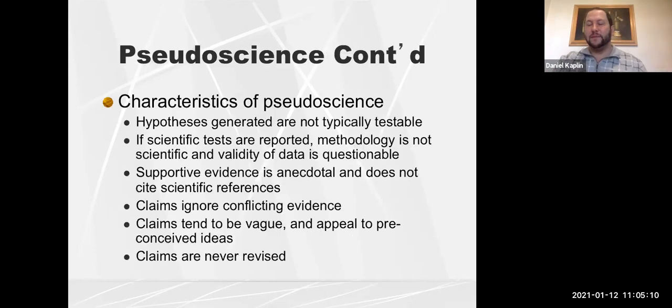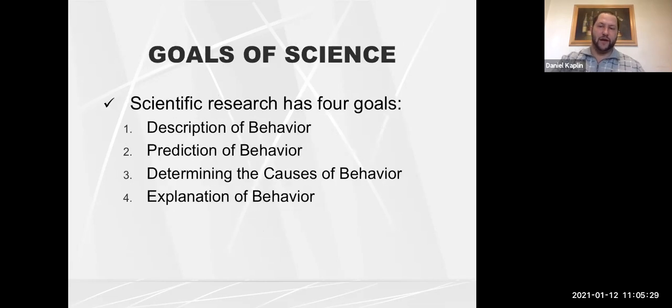So how do you know something is pseudoscience? Well, the hypotheses are rarely tested, the methodology is not reported, or the validity of the data is questionable. They use anecdotes rather than scientific evidence. They ignore counter evidence. Things are very vague, and the claims are rarely revised. So those are just a few examples of pseudoscience.